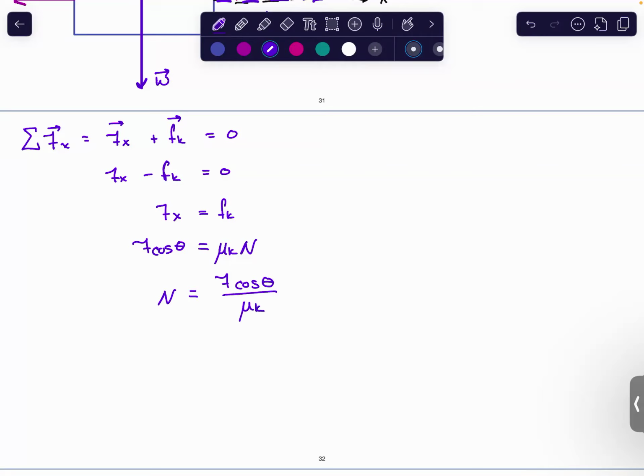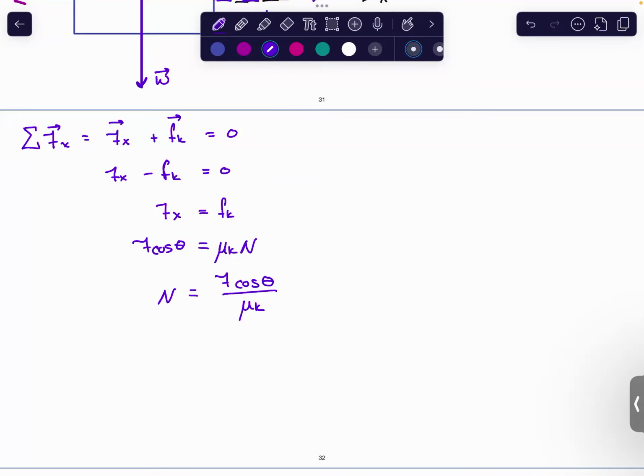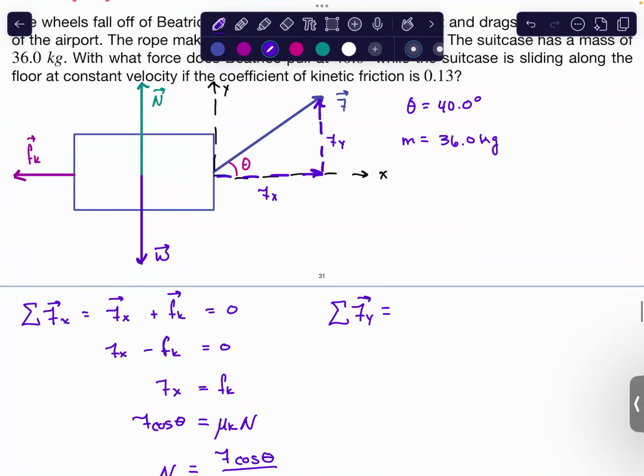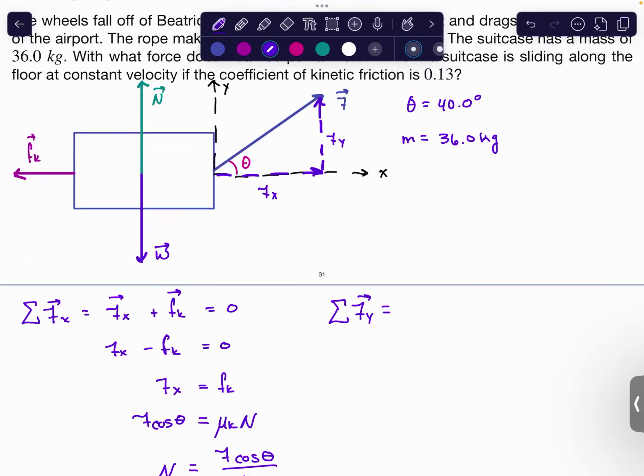Okay. Now, let's look at forces in the y direction. So, you're going to have the y component of our applied force plus the normal force plus the weight equals 0.